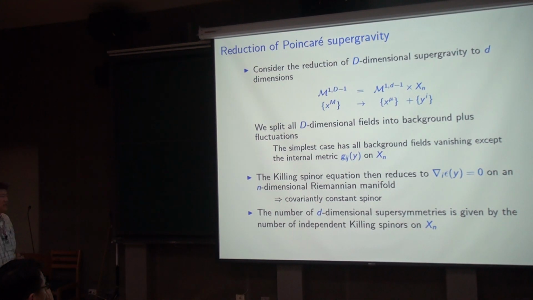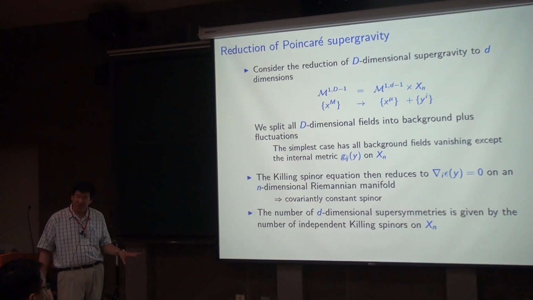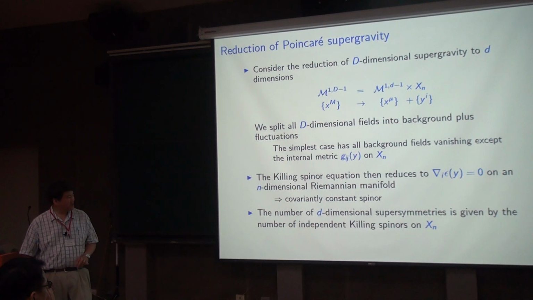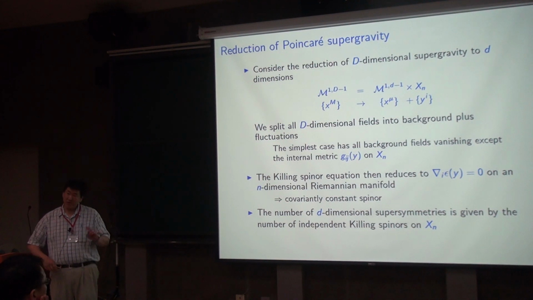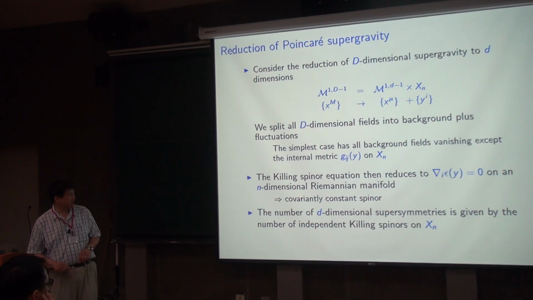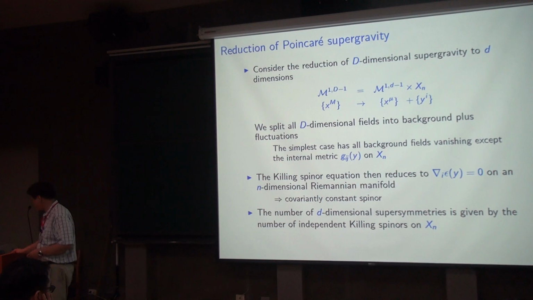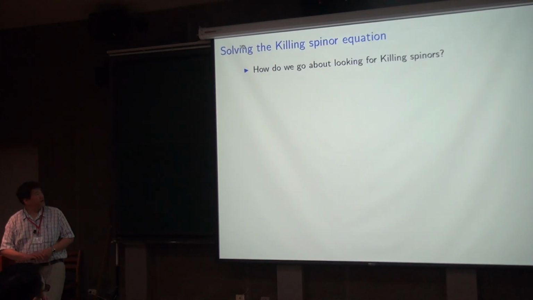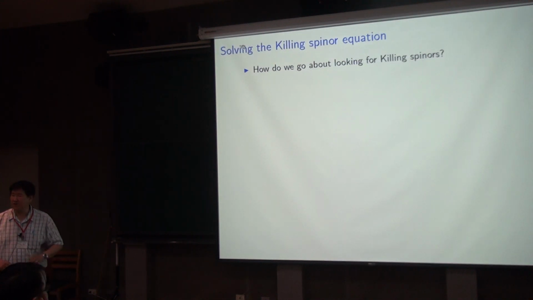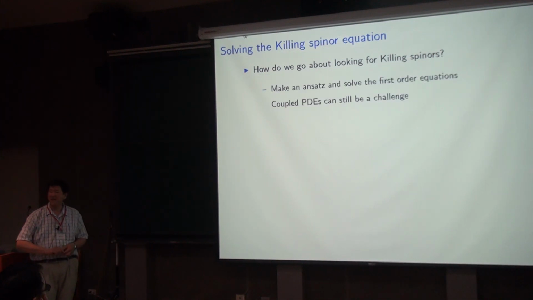So I can have maximal supersymmetry, partially broken supersymmetry, things like that. How much supersymmetry I have depends on counting how many parallel spinors, or Killing spinors, I have on the internal manifold. So what we like to do is look for Killing spinors and count how many we can find.